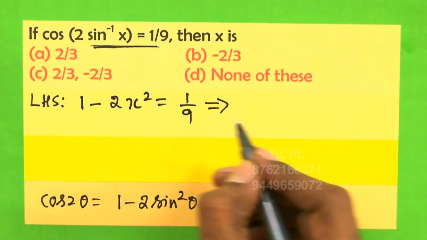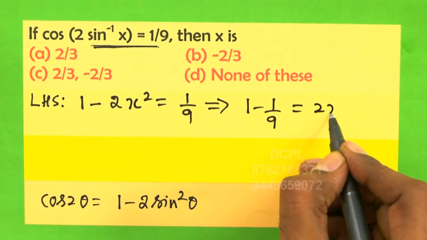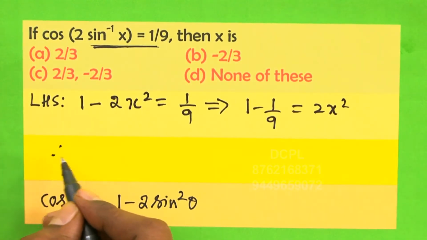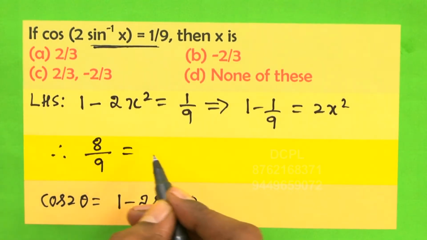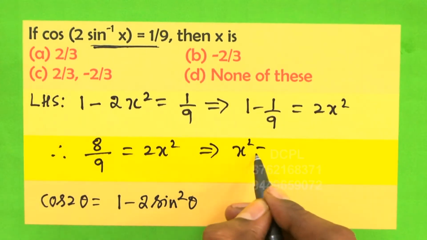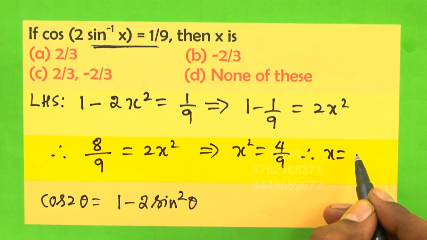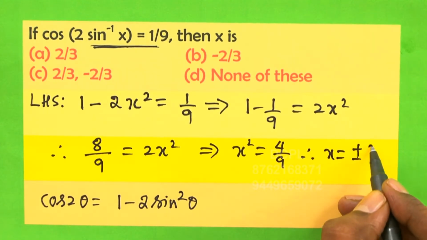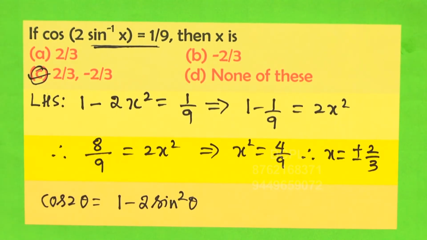This clearly implies 1 minus 1 by 9 is equal to 2x square. Therefore, 1 minus 1 by 9 is 8 by 9 is equal to 2x square. This implies x square is equal to 4 by 9. Therefore, x is equal to plus or minus 2 by 3. That clearly says option C is correct.